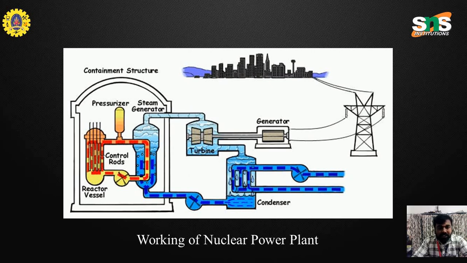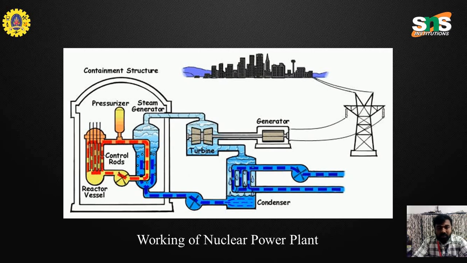The nuclear reactor consists of some major components such as control rods, the reactor core and the moderator. The reactor core is in the shape of a round cylinder. It consists of the control rods and the moderators.